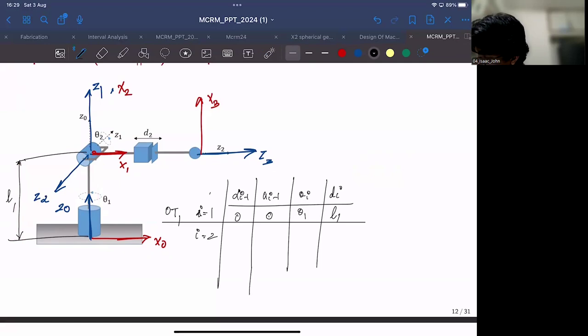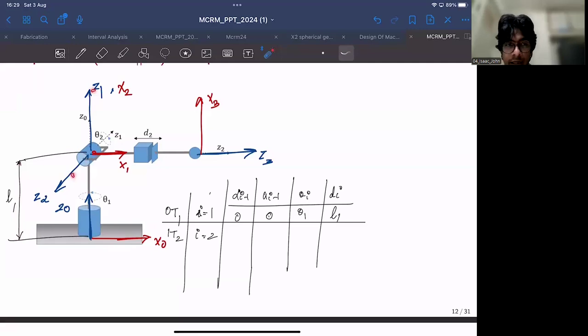And what about 1T2, the transformation between frames 1 and 2? The first would be rotation about X1 so that Z1 and Z2 can be aligned. If you rotate 90 degrees about X1, this Z1 will be aligned to Z2. So that makes it pi by 2. And a i minus 1 is basically the translation along X1. But we don't need that because both of them are coincident. Even though they are not fully aligned, they are coincident. So that is essentially 0.